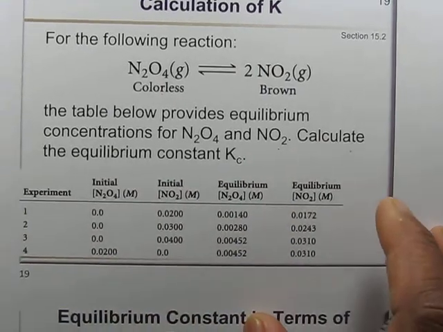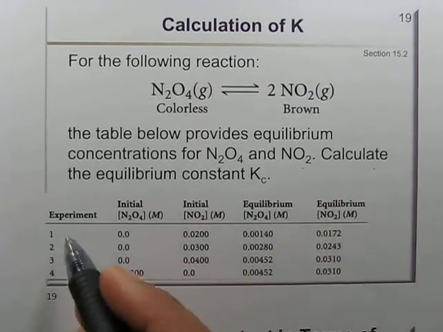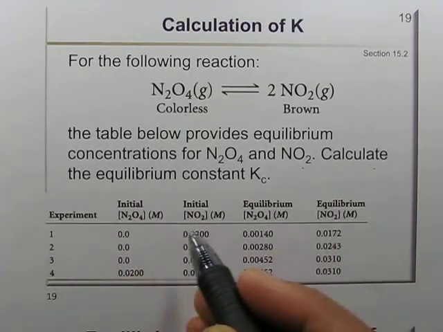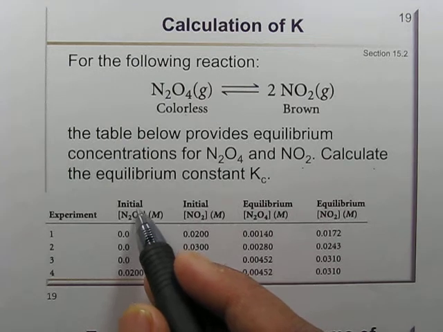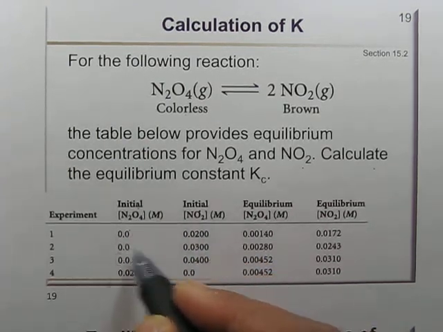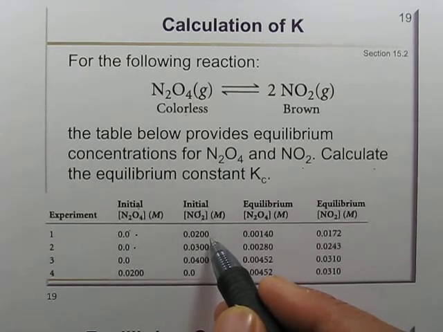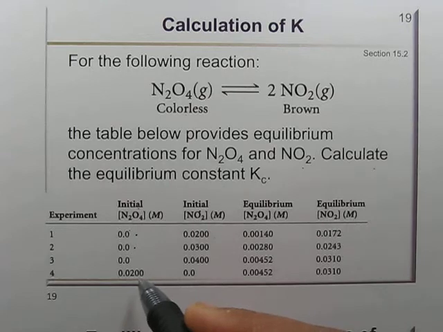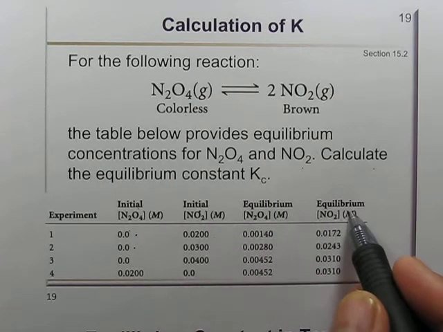When this type of experimental detail is provided, there were 4 experiments done, where initial means these are the reactant concentrations. Here is no reactant, here is no reactant, here is the one reactant, and the equilibrium concentration is given.